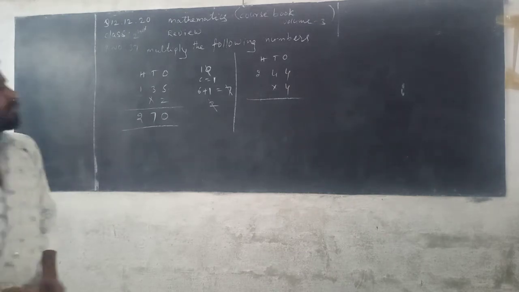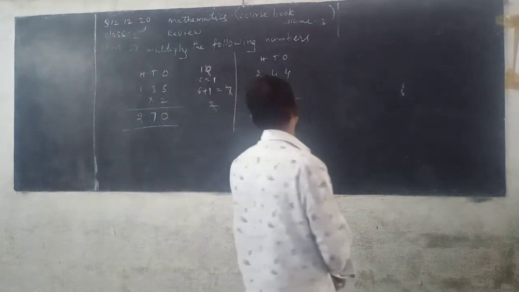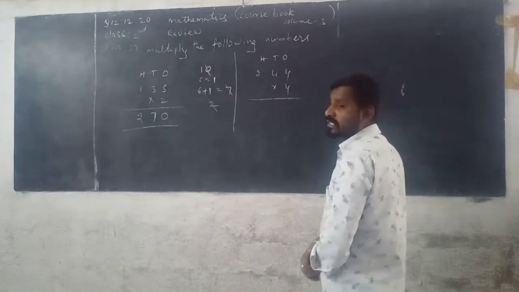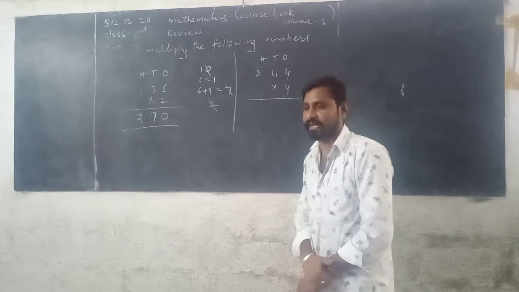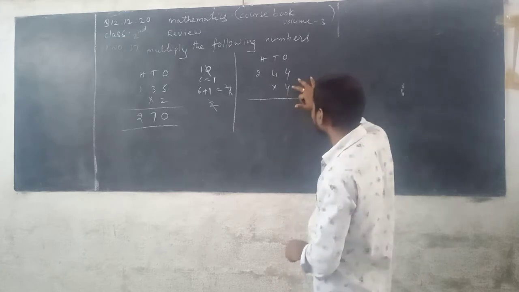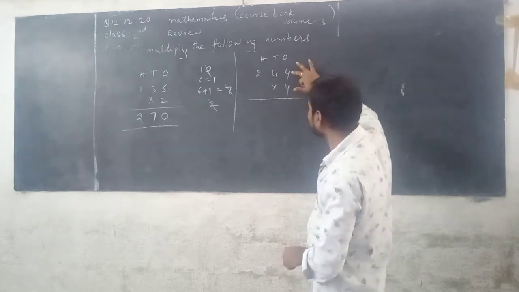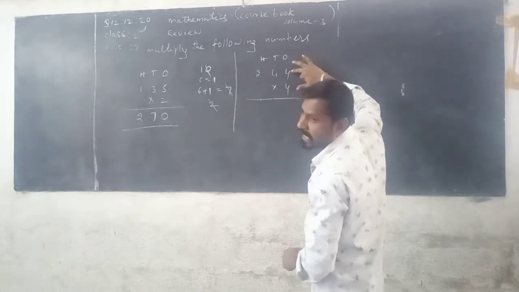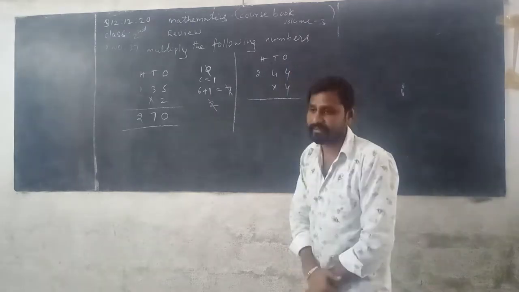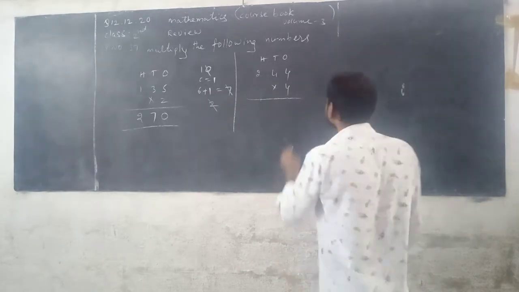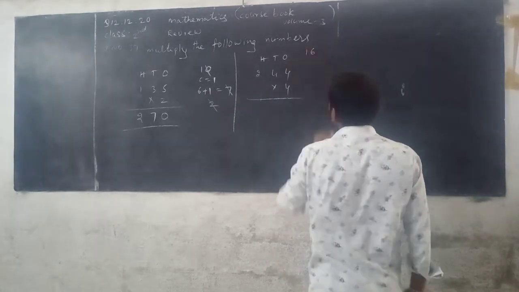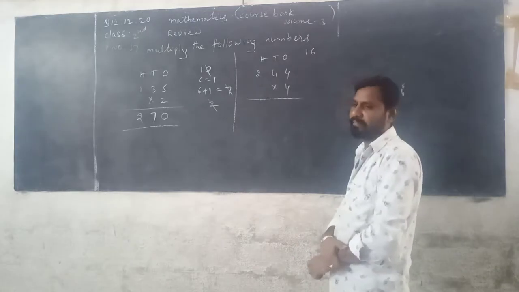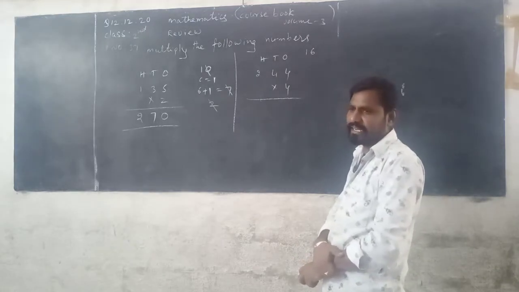See here, first we multiply the digit in the ones place. The digit in the ones place we have to multiply with 4. So what is in the ones place, beta? 4. Then 4 4s are 16. 16 is a 2-digit number.